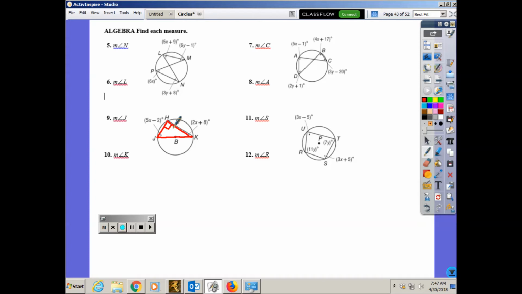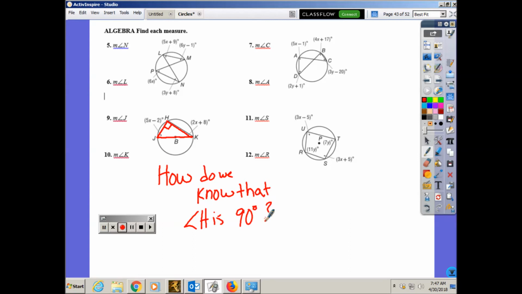So I just asked you, how do we know that angle H is 90 degrees? I just told you that we know that because we can see that H is an inscribed angle and it's part of a triangle where one side is the diameter, in which case it'll be the hypotenuse.